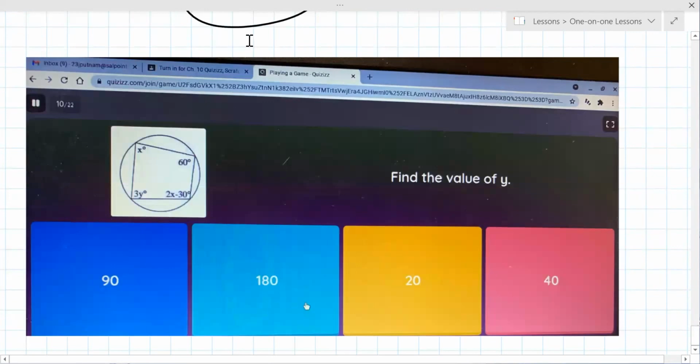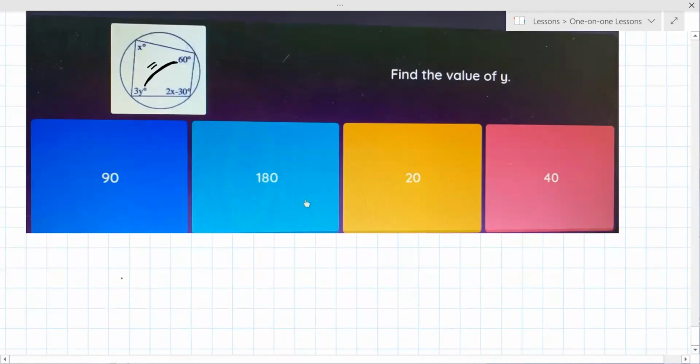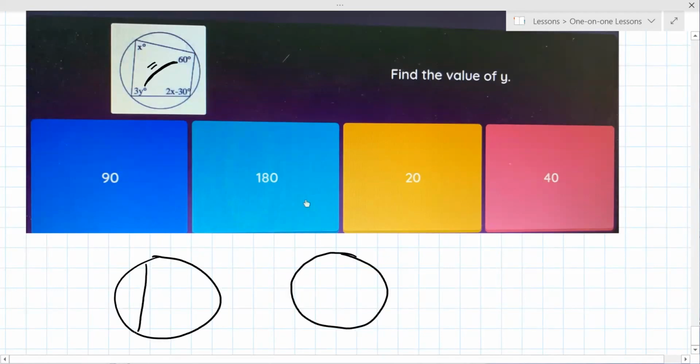Okay, it says find the value of Y. Okay, so there's this property here that these across from each other have to be equal, and you may not see why that is, but if I draw two circles here, this 3Y covers this arc, and this 60 covers this arc, and they're the same.